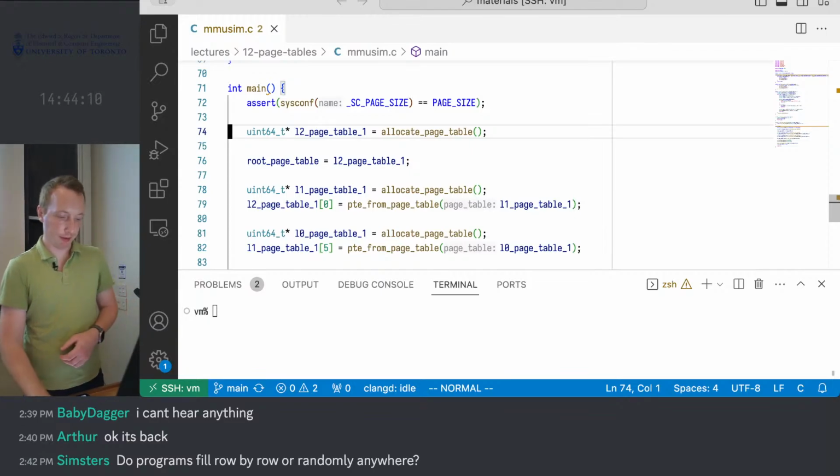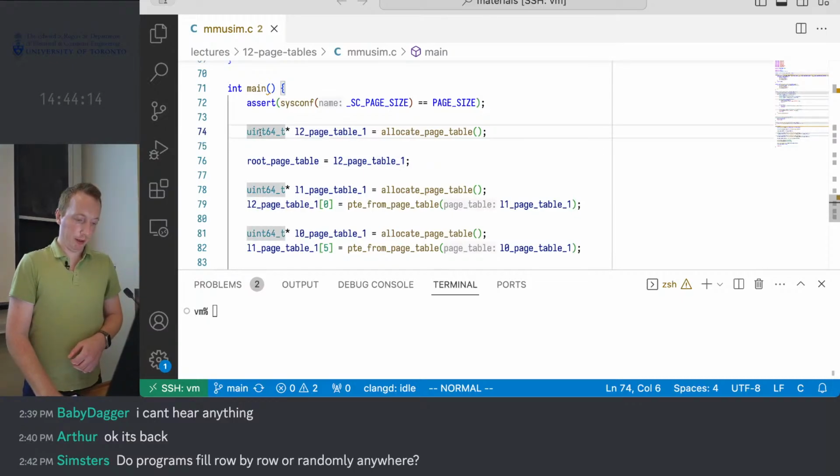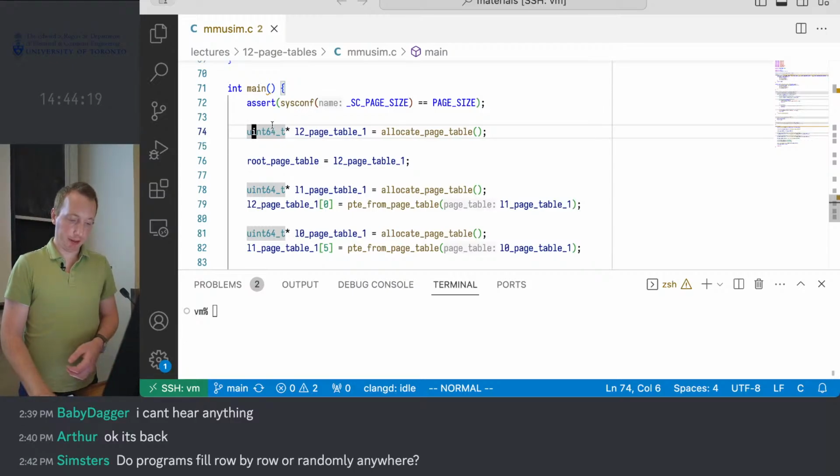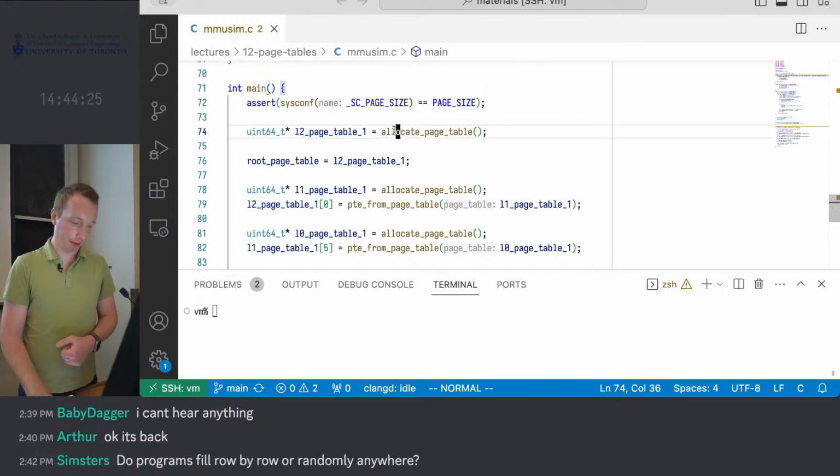Otherwise, there's just a bunch of little macros to create page table entries for you. So this is a pointer to a 64-bit entry. The page tables are just 64-bit numbers, 8-byte numbers that correspond to the page table entry.